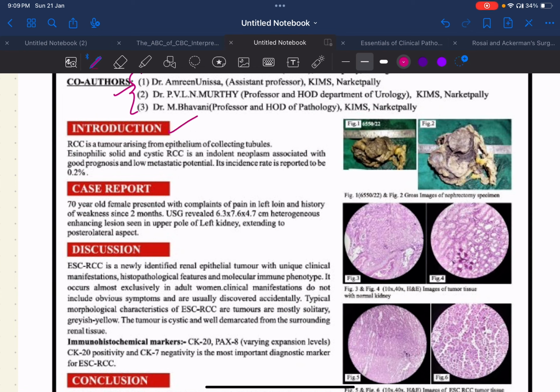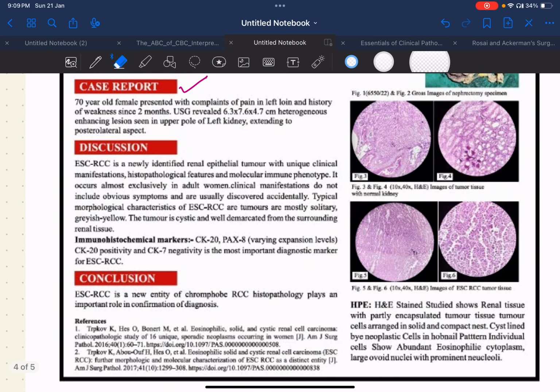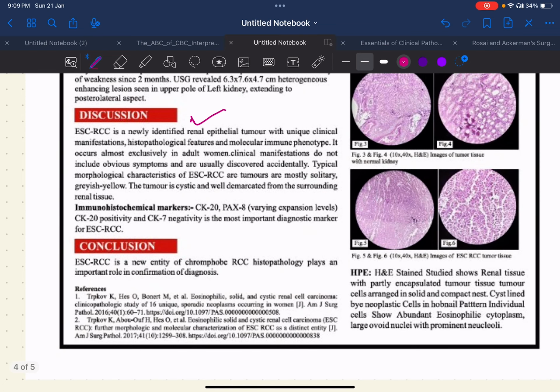You give an introduction that it is the rarest, with an incidence rate of less than 2% or so. Just a brief introduction regarding that case, and then the case report, the case that you received at your department. You have to give a brief about the case report of that patient and you discuss this case. A good discussion about this case, and any IHC markers that you use.